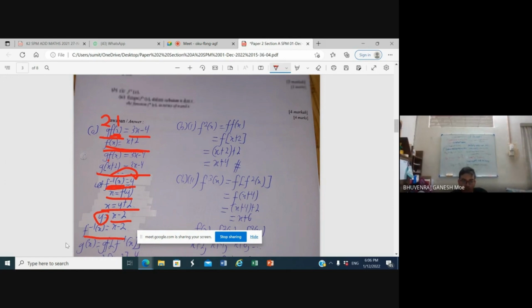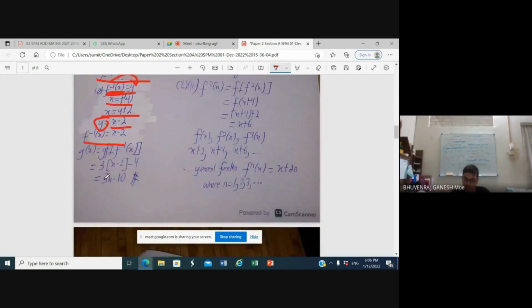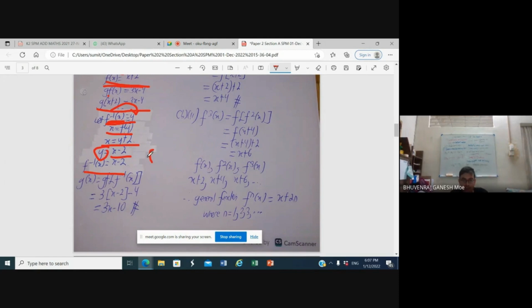And then what's your question? g(x). So now we realize, right? g(x) is gff inverse(x). Means everything times together. Because you know why? f power 1, it's indices. Then this chapter, I found another relation. It's related to indices. So if you know your indices, you can do this chapter.